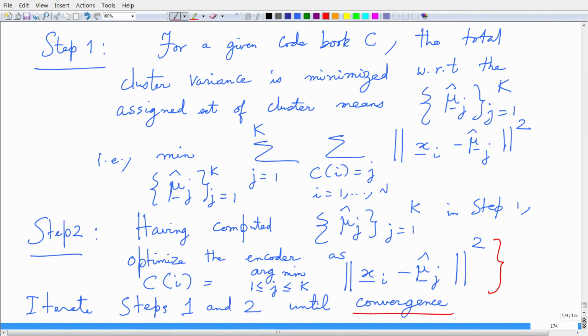Because we have not solved for these optimal mu_j hats for j equals 1 through k, and we are adaptively estimating these cluster means, and that is the reason why this is adaptive, and we have to iterate between these two steps until there is convergence, where we see that this is the distortion that we will end up with, and we cannot go lower than that distortion.